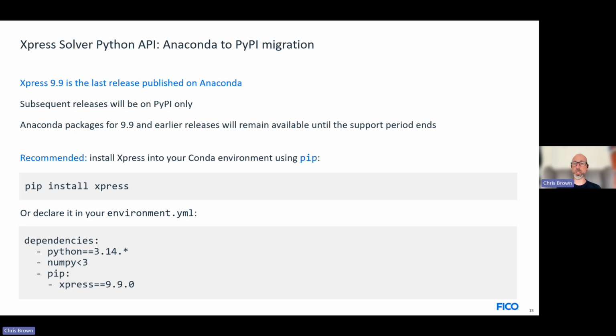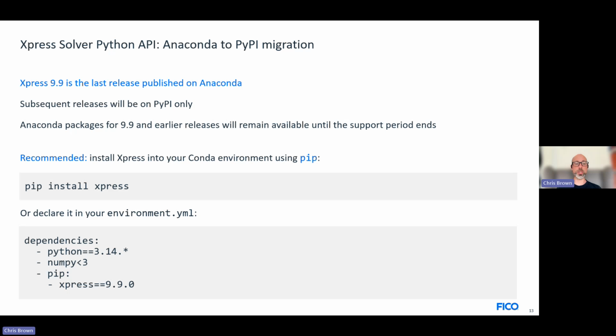And the reason that I mention this is that primarily we will support Xpress in conjunction with packages from Conda Forge. So for example, Xpress relies on NumPy as a required dependency, and we will be testing and supporting the versions of NumPy that are shipped on Conda Forge.